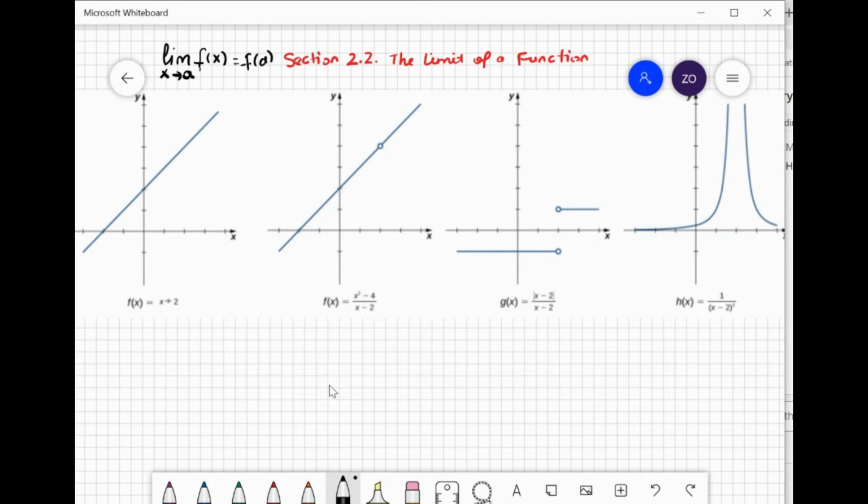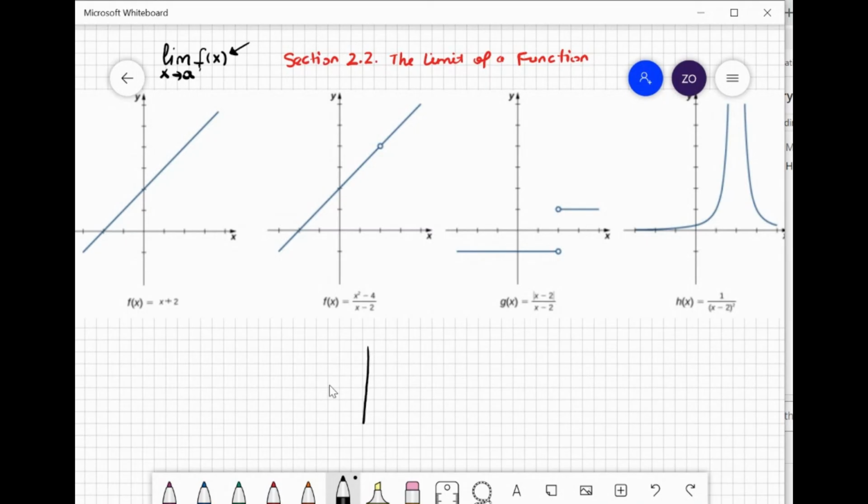but in general, what this notation means is that we would like to find the function values, the f of x values, when the input values, when x gets closer and closer to a specific value a.